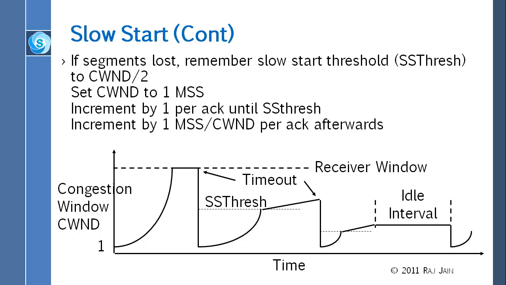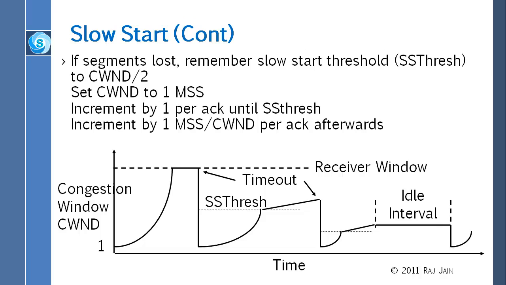So your window was 1 here, it became 2 here, it became 3 here. How much will it become after this? 4. So how many packets will you send? 4. In fact, you might even send by here. But anyway, let's say you send 4 packets. And then you get the 4 acknowledgements back.